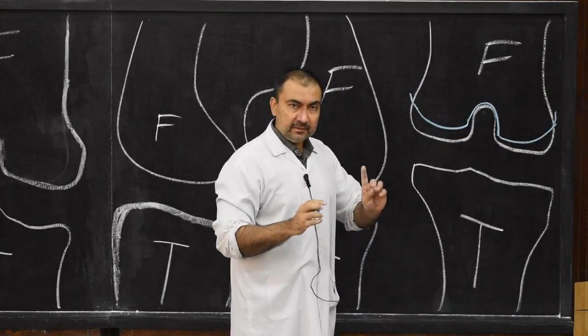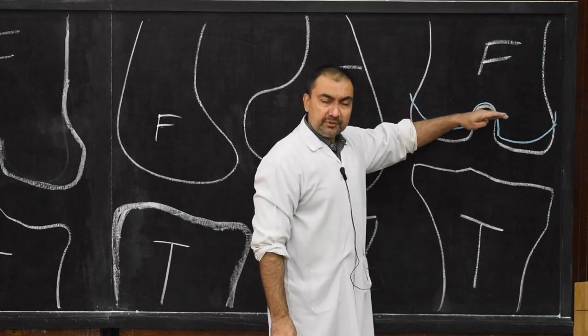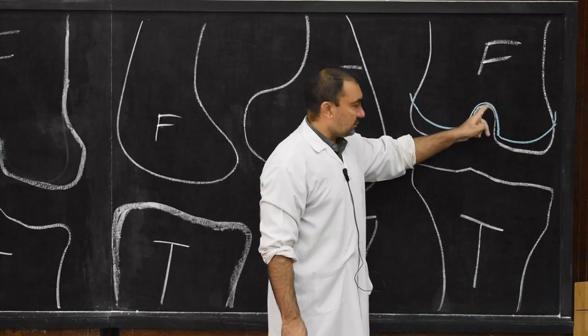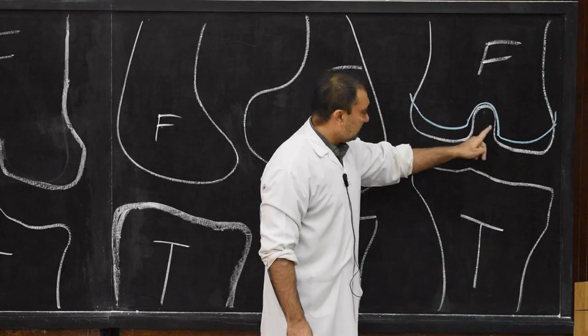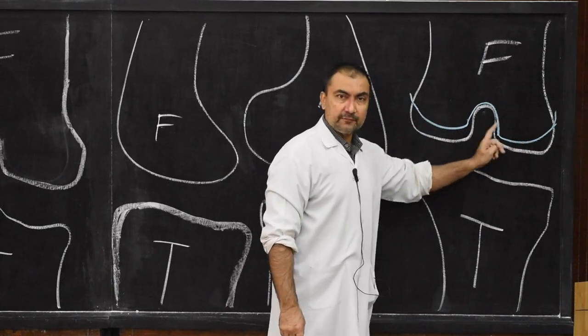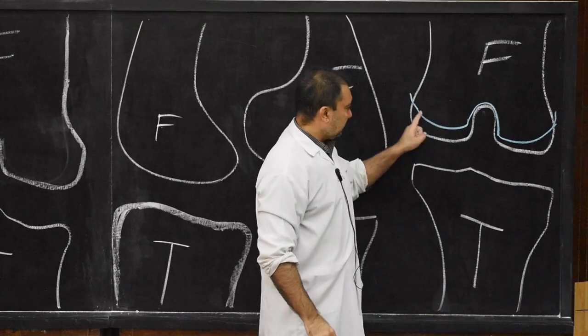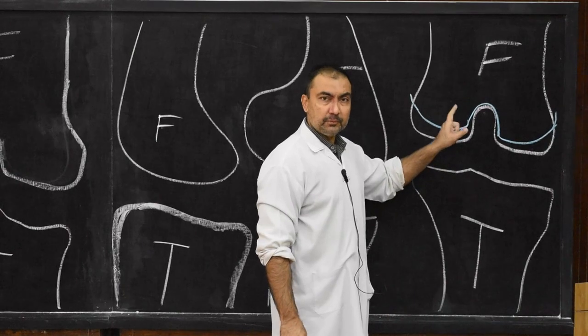So in this direction, the upper attachment of the capsule posteriorly will be attached to the intercondylar notch of the femur, and similarly it will cover the articular margins of the condyles of the femur, the upper posterior attachment of the capsule.